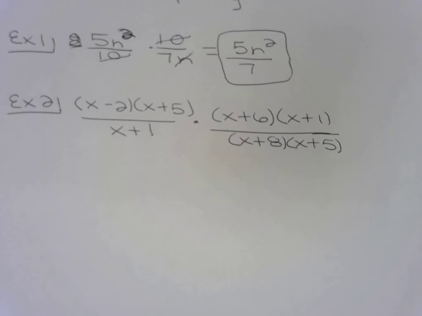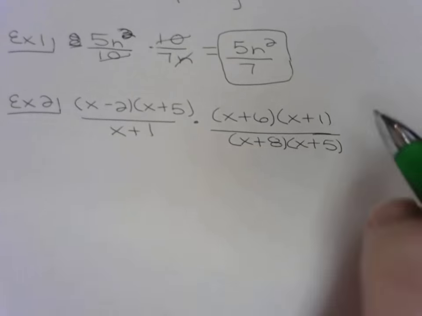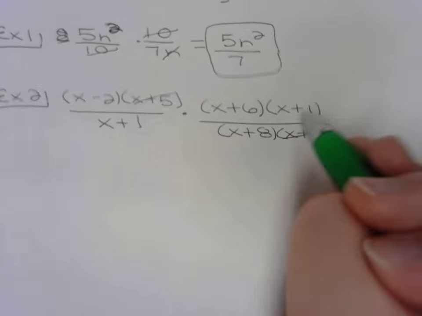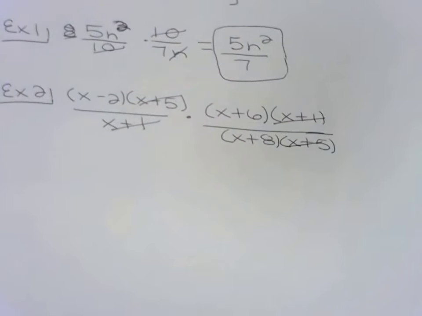So x minus 2 times x plus 5. So they are already factored, which makes it nicer when I look at cross-reducing, because I already see binomials that will cancel out. So since I'm multiplying, you can only cross-reduce first when you're multiplying. What things can I cross off? X plus 5, x plus 5. Doesn't matter what fraction, as long as one is in the numerator, one is in the denominator. X plus 1, x plus 1.